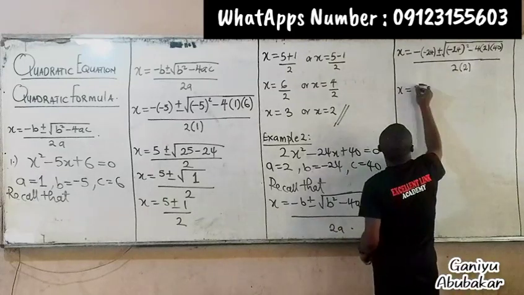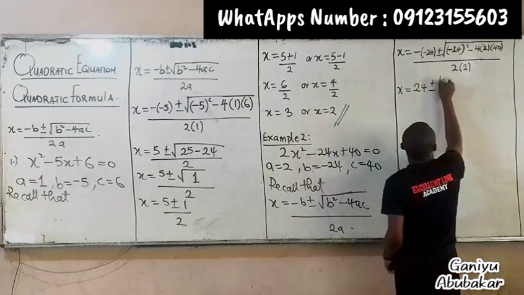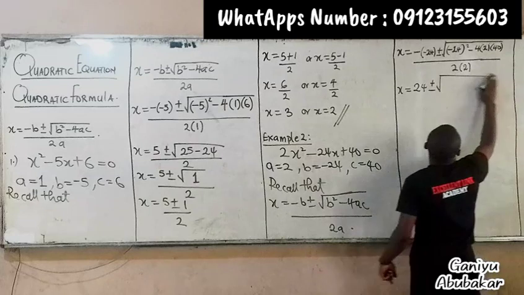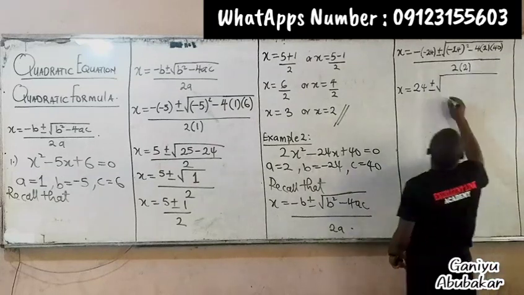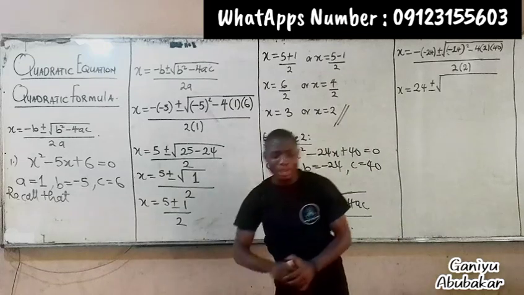Hence, x is equal to plus 24 plus or minus a square root of minus 24 squared, which means minus 24 times minus 24.